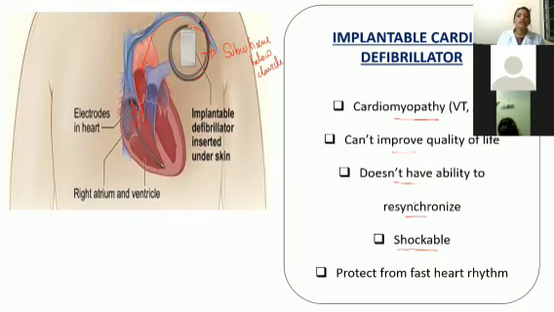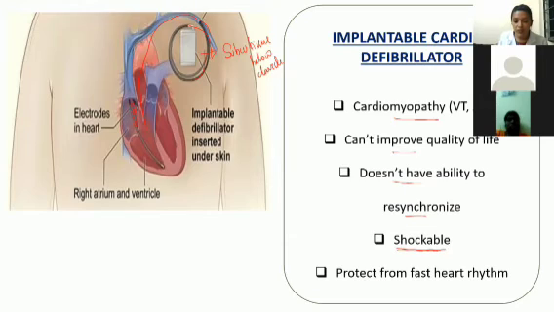That means if the patient is placed with this implantable cardiac defibrillator, and at some point the patient experiences any severe dysrhythmias or life-threatening conditions due to arrhythmias, this defibrillator, which is placed under the skin, will automatically give a shock, so that the arrhythmia can be resolved.